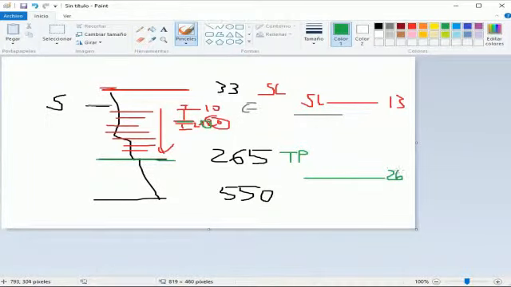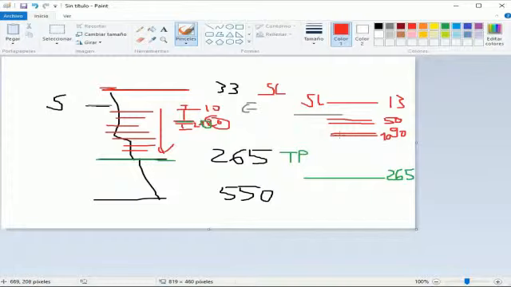It would be actually much further if I draw it properly, but it's okay. So the first time it moves the stop loss here, and then let's say, for example, here it moves the stop loss 5 pips, which here would be 50 because I'm denominating the values in pipettes, and then the next time it moves 9 pips, and then the next time it only moves 1 pip, which is 10.